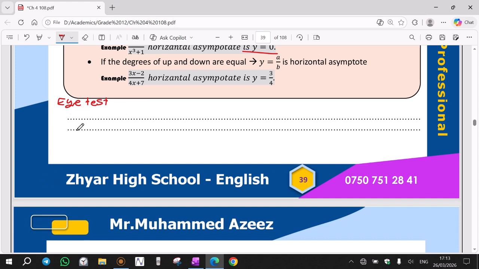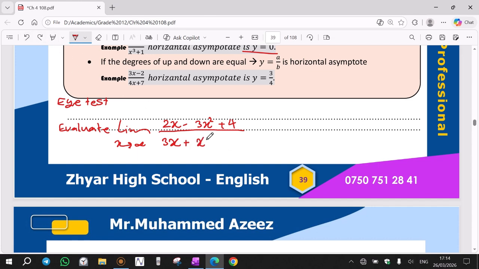The question says evaluate the limit as x tends to infinity of 2x minus 3x squared plus 4 divided by 3x plus x power 2 minus 4. Now, what is the result of this limit?